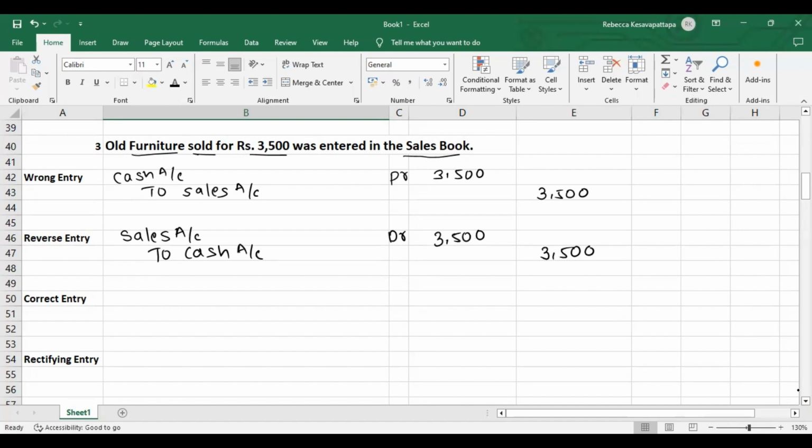What should be the correct entry? Cash account debit, and furniture is being sold. Debit what comes in, credit what goes out. Furniture is going out. Cash account debit to furniture.